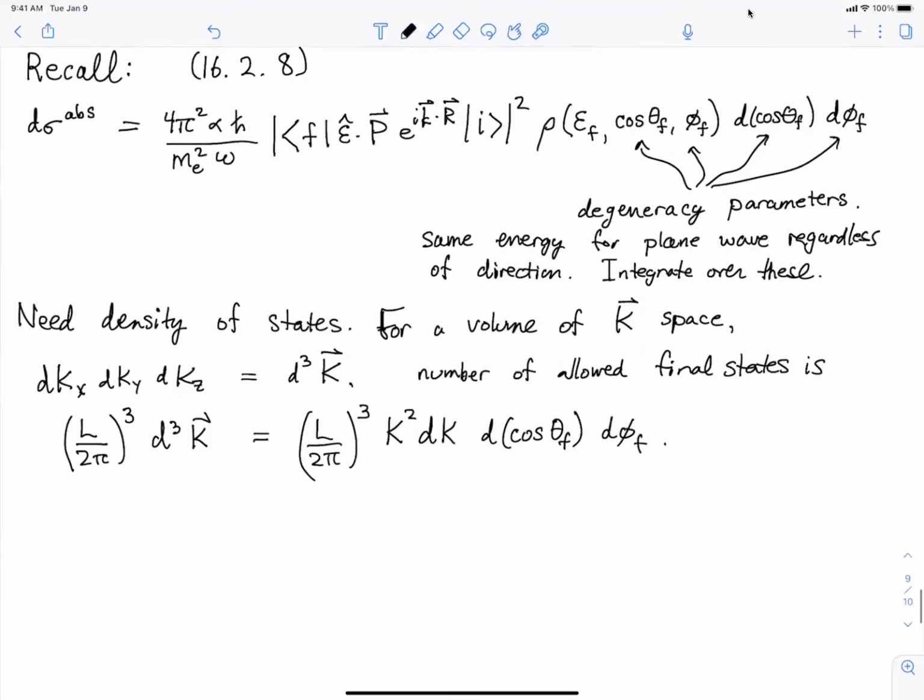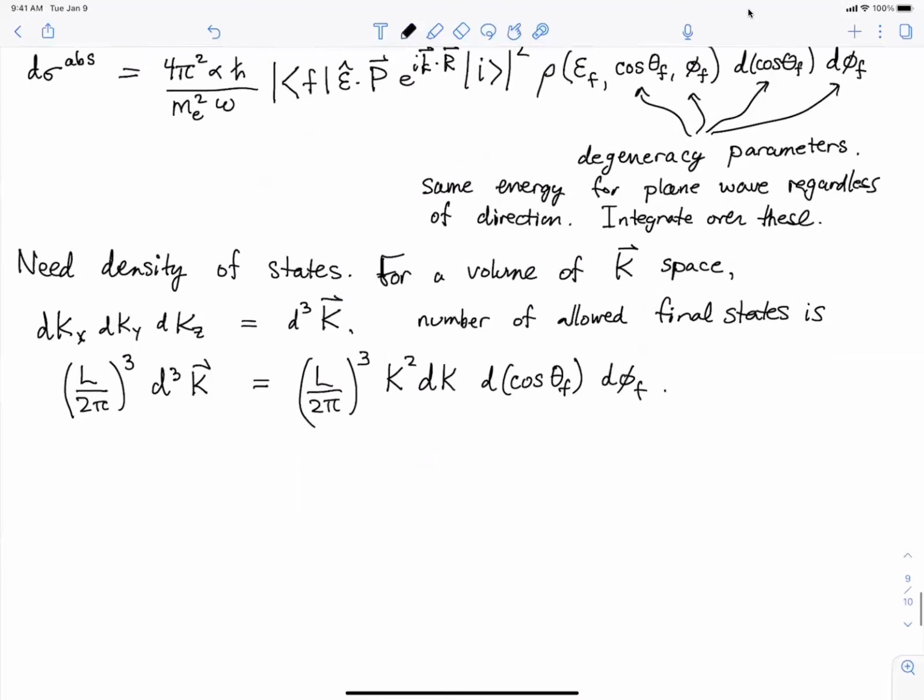Okay, so we're counting the states, but we want to relate this to the energy. We also know that if we take the derivative with respect to k of the final state energy, the final state energy is h bar squared k squared over twice the mass of the electron.